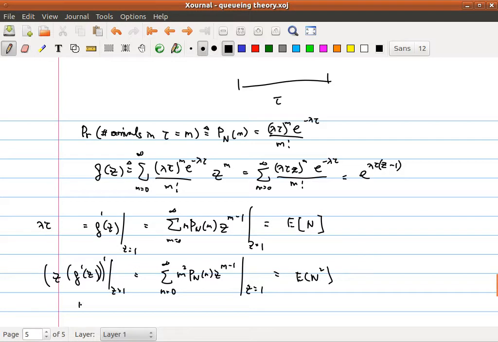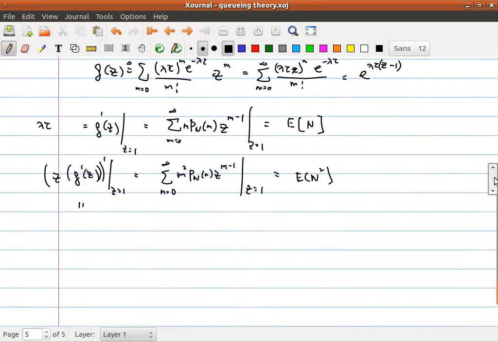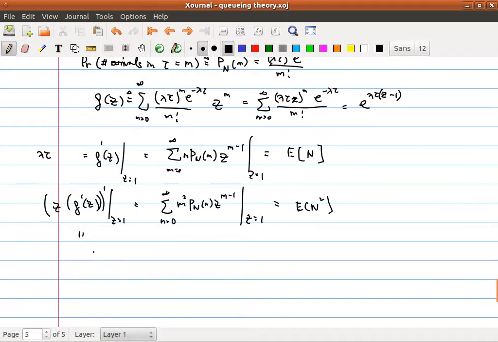And let's see how about this second moment here. For the second moment, I need to take the derivative once. I get lambda tau e to the lambda tau (c minus 1). Then I need to multiply by z here, and then take the derivative again.